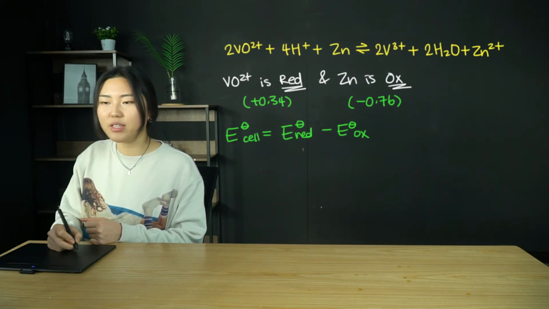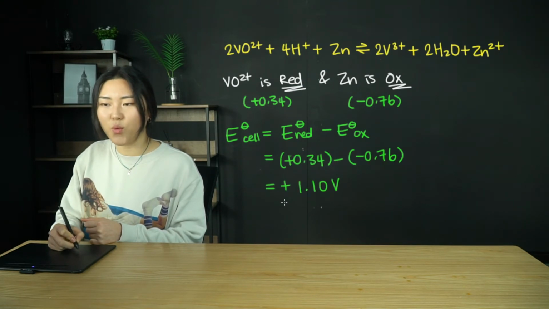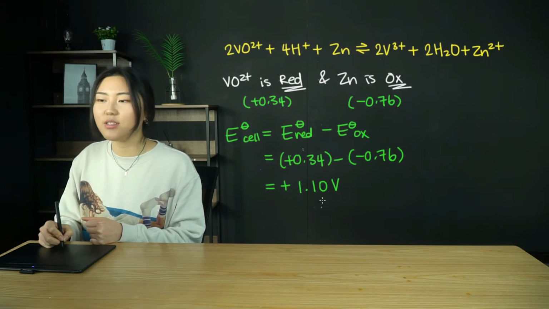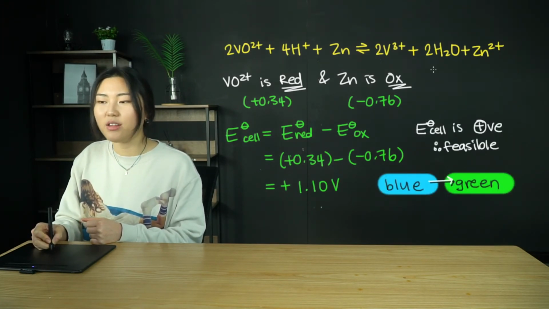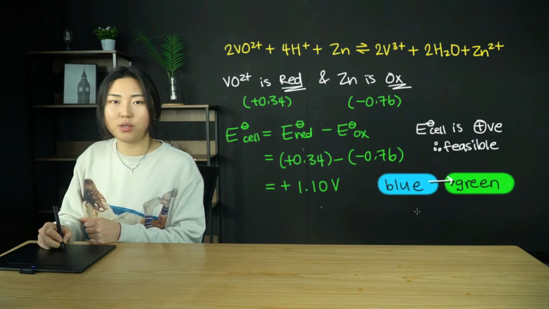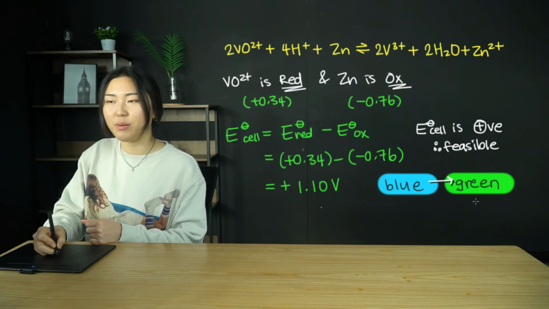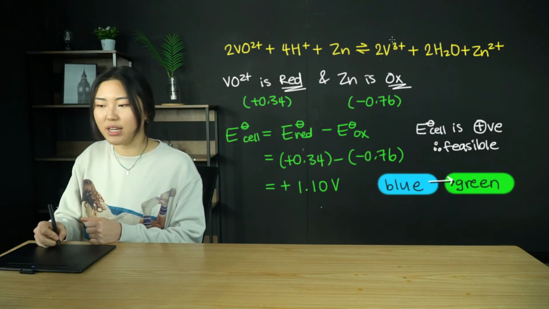So we're going to end up with a value of +1.10 volts, which is still positive, right? So this reaction is going to be feasible, and you'll see the color changing from blue to green, as we know that V3+ is green, okay?